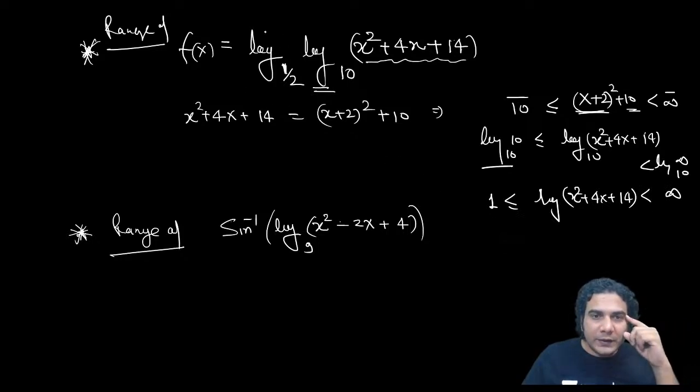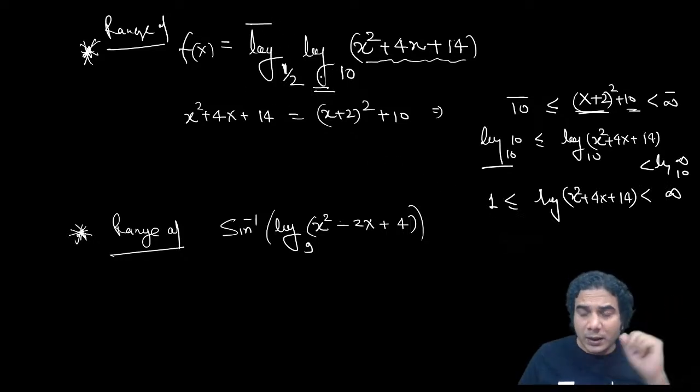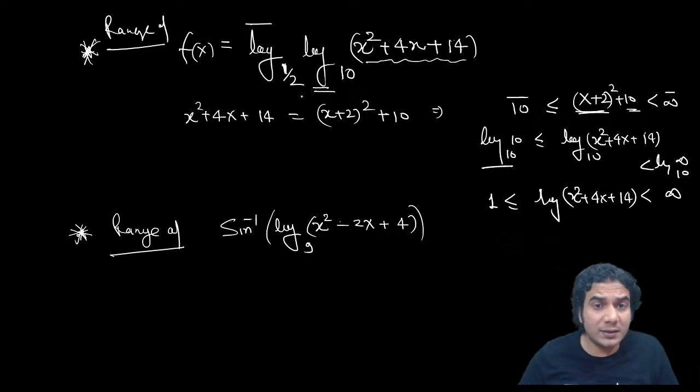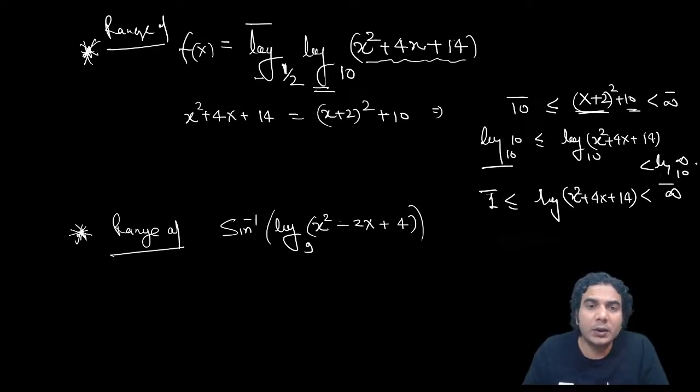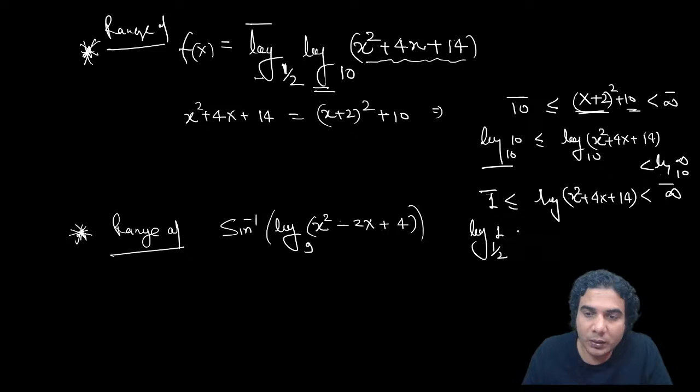Now we need to put which function? Again a log function, but this log function is of base 1 by 2. You can put this log function because this interval is entirely positive, but the inequalities will be reversed. Remember that. So log of 1 base 1 by 2 is greater than or equal to log of x square plus 4x plus 14, because this log is a decreasing function while the base 10 log is an increasing function.